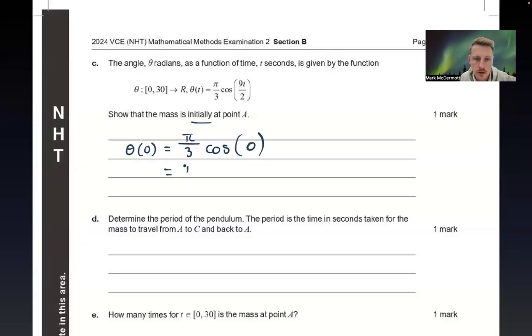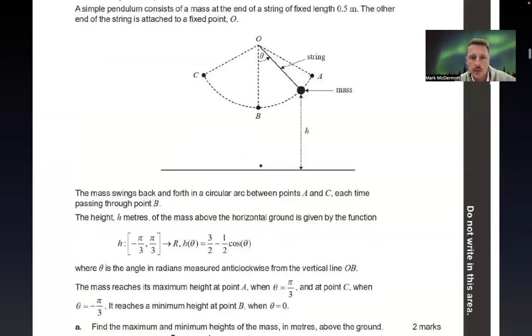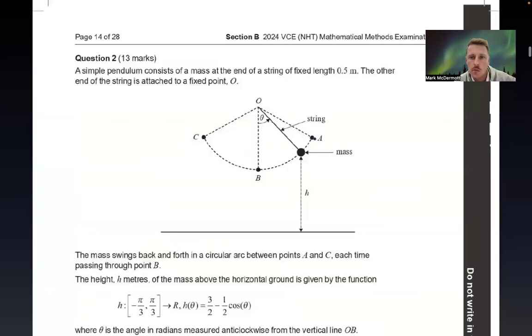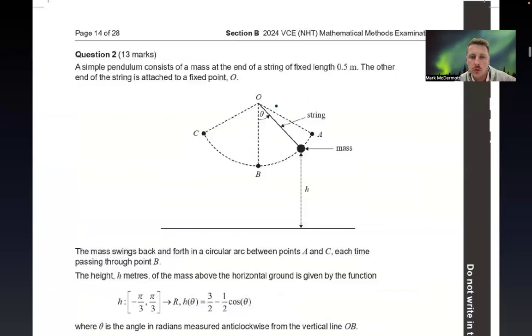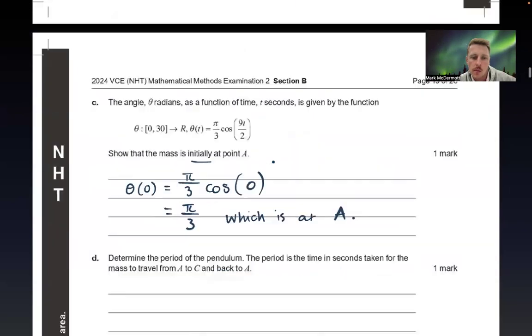So this is at pi on 3, which is at A, because if you look up here, that's at A when the angle's pi on 3, which makes sense.